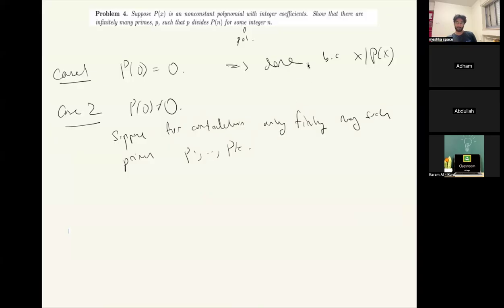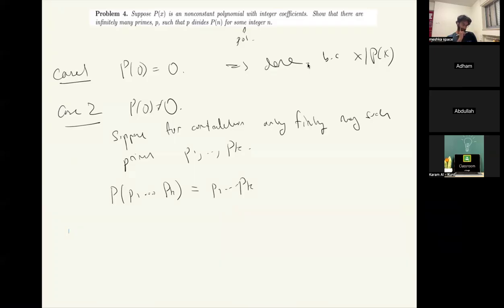Now if we plug in b of b1 b2 up to bk, it will be equal to b1 b2 up to bk times some integer m.